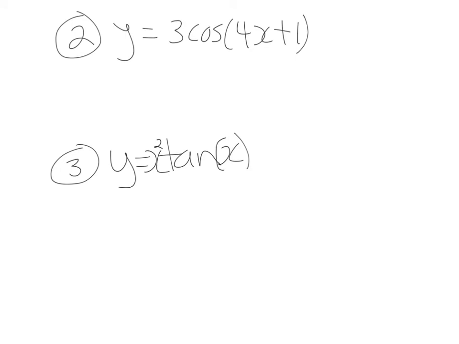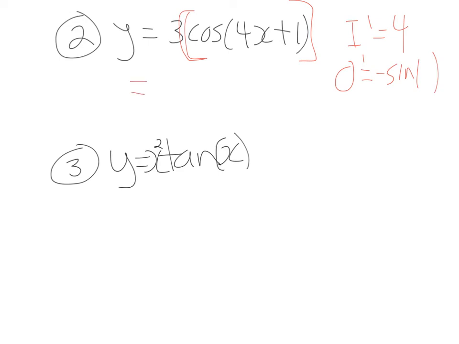Next, 3 cos 4x plus 1. Okay, so the inside prime is 4, the outside prime is, and I'm just going to treat it this way, right? The 3 is just a coefficient, so the outside prime is going to be negative sine bracket.